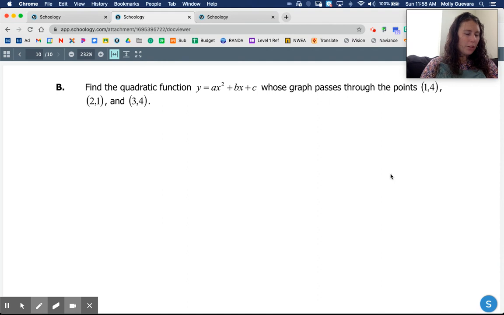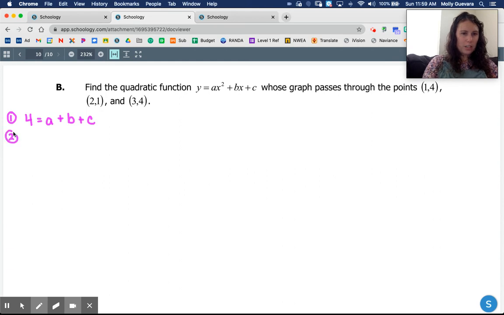All right, guys, so hopefully you gave this a shot. So here, for equation 1, we should have gotten 4 equals 1 squared is 1, so that's A, and then plus B plus C, because x was 1.